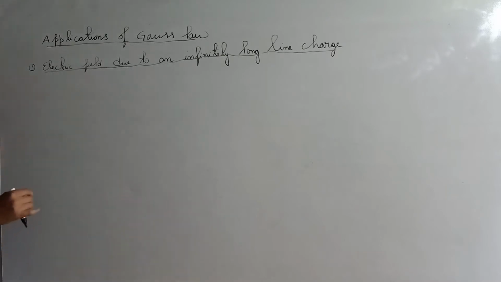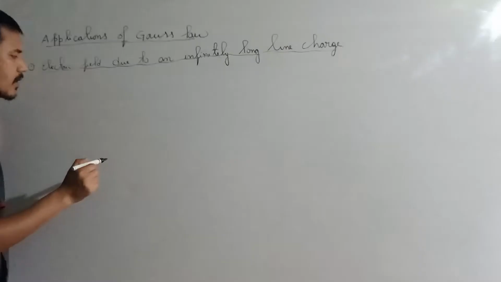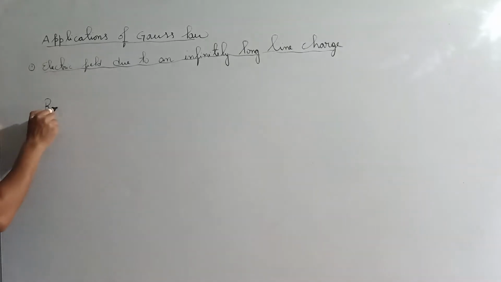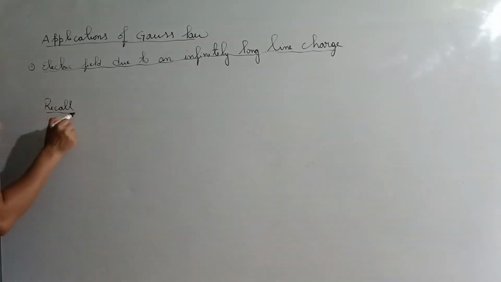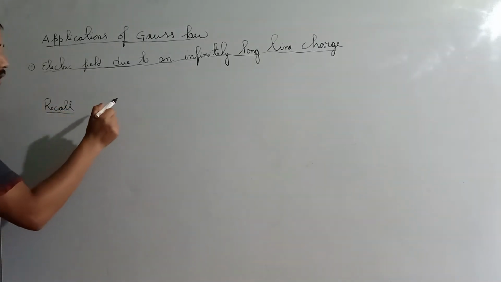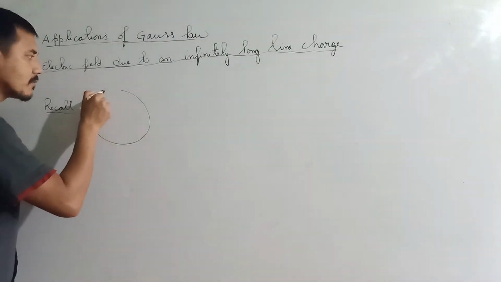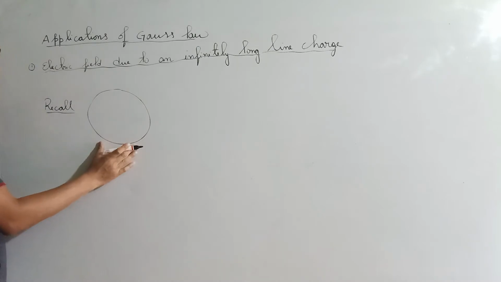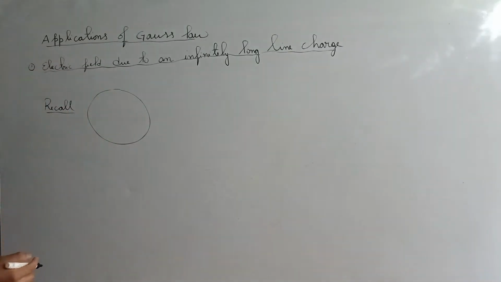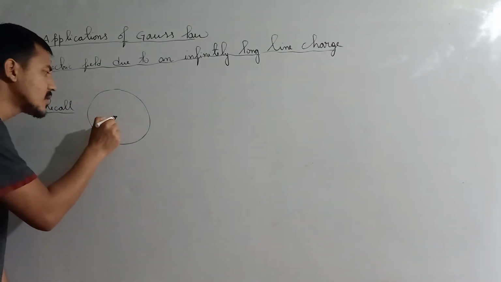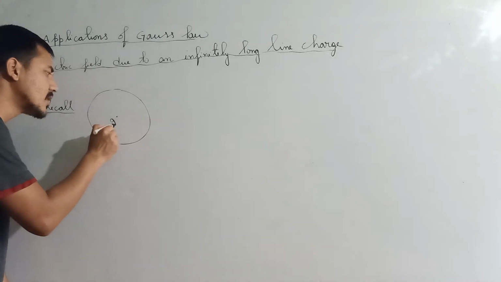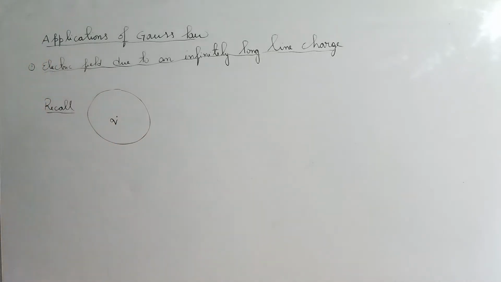And the Gauss theorem says like this, okay? Let us recall Gauss theorem, Gauss law, just the definition. Suppose there is a closed surface, suppose this sphere is a closed surface, and this closed surface encloses a charge Q at its center.